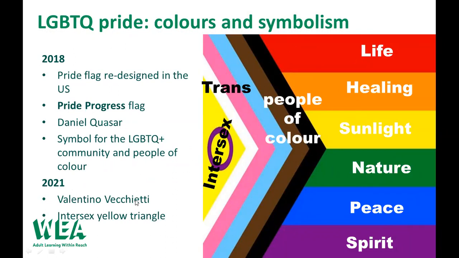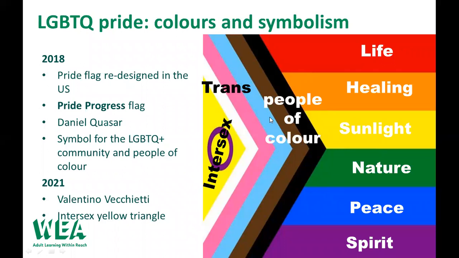So we have this new flag, and it's called the Pride Progress flag, and this has additional symbolism added to the first LGBTQ plus flag. So we have the colours on the right hand side here, which are the same as the previous slide, but also we have the black and the brown colours here in an arrow, which represent people of colour.